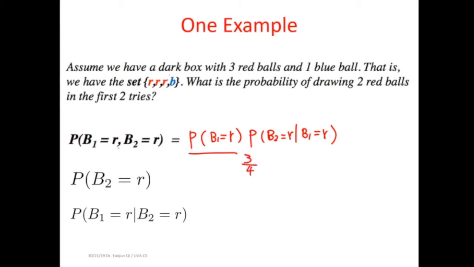And then what is the second term? Conditional on the first draw being a red ball, what is my second try? 2/3. This gives me 1/2, which is really easy to calculate, right? Because for the first try there's nothing to condition on, and it's really just counting. There are 3 red balls.